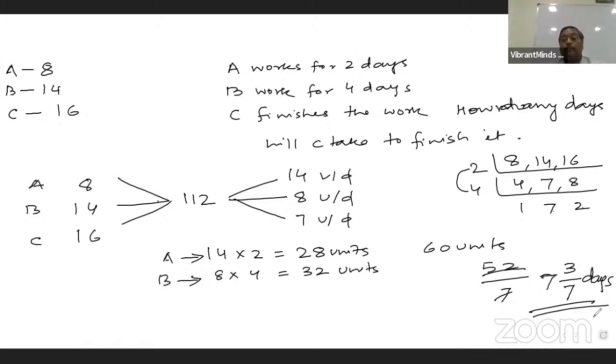Next question. Next question is, A can lay a subtract in 16 days. B in 12 days.